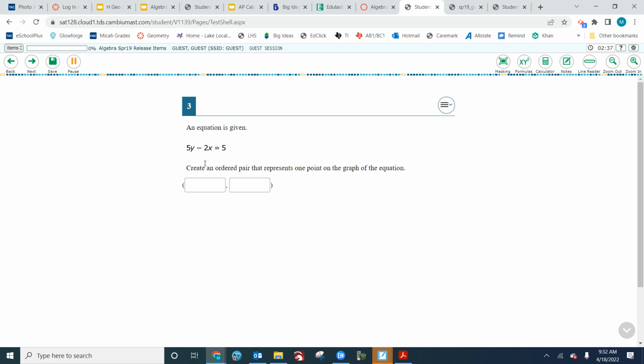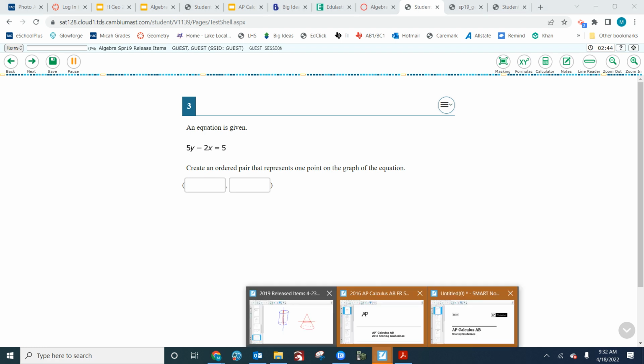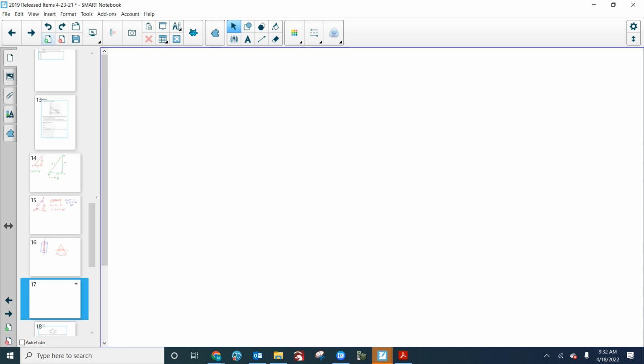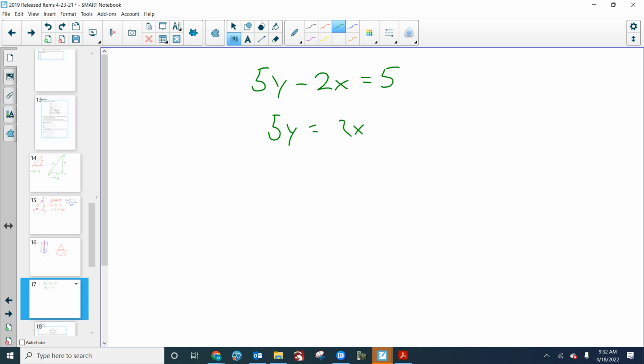What if you have this problem right here? 5y minus 2x equals 5. Could you solve for y? 5y equals, add 2x to both sides, 2x plus 5, divide by 5, divide by 5.